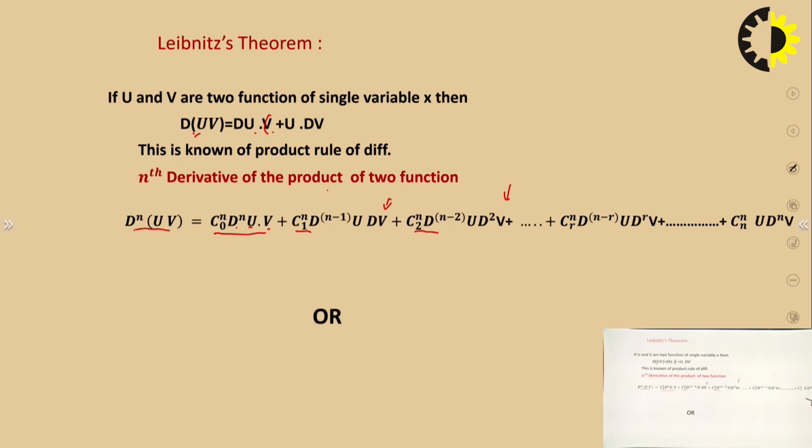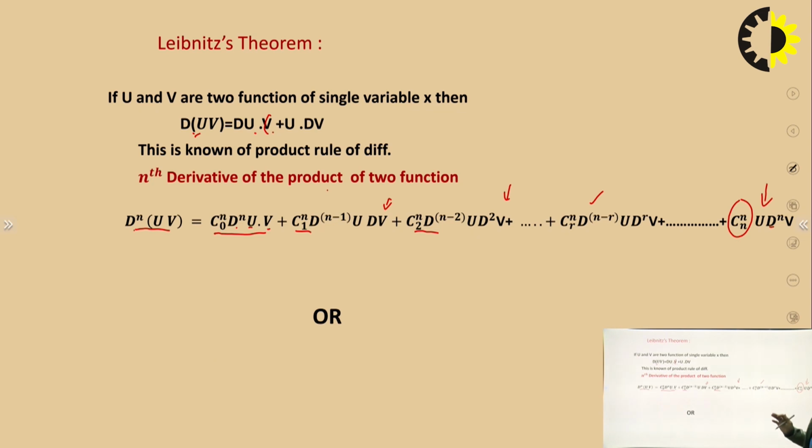Whenever it reaches a term like nCr, then the n minus r time differentiation is on u, and the r-time differentiation is on v. At the end, we reach nCn, where all the differentiation on u is over, and v has been differentiated n times. So this is the logic behind the Leibniz theorem.